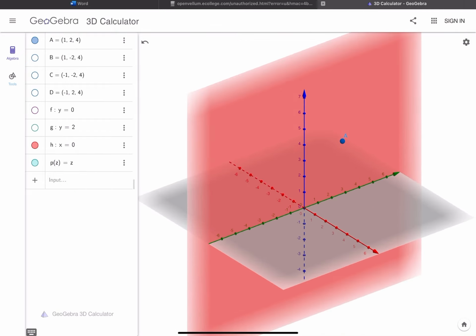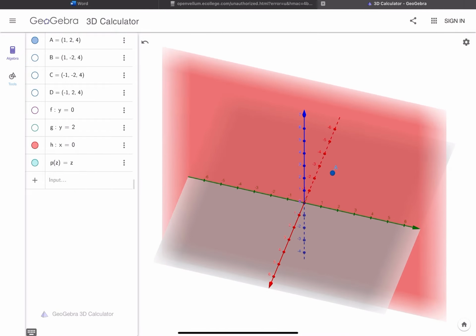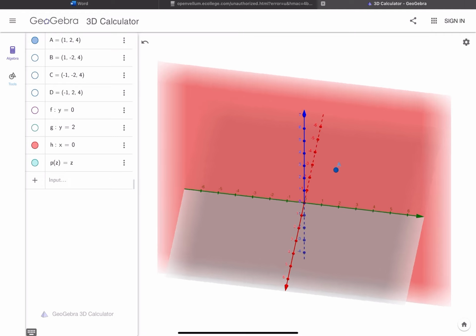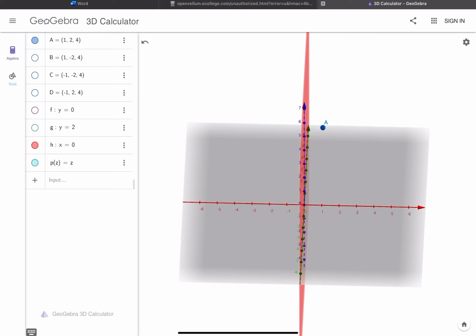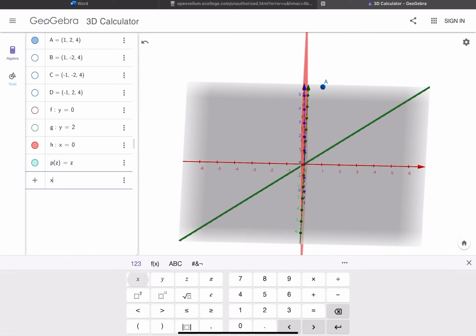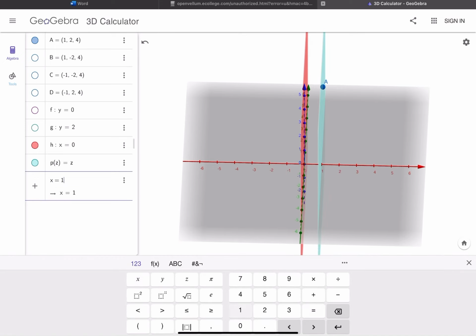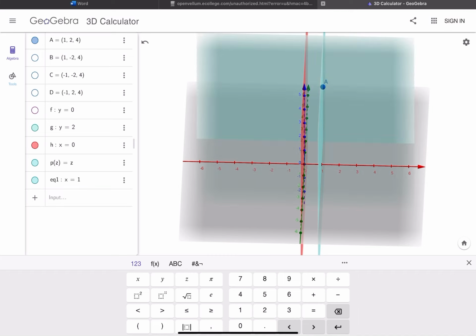When x is 0, y and z can be whatever they want. We still want a plane that contains the point 1, 2, 4, which means x equals 1 needs to be the other plane. So we have x equals 1, y equals 2, and z equals 4.